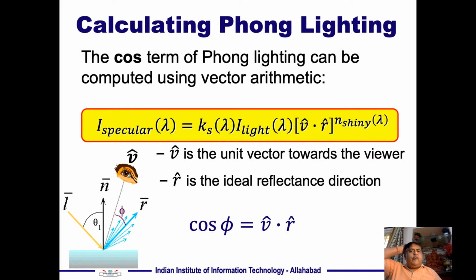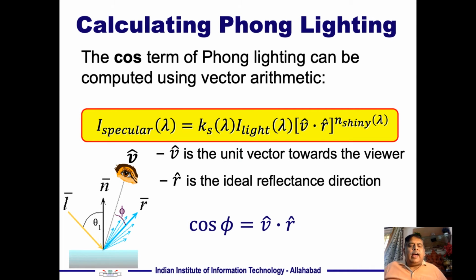Calculating the Phong lighting, the cos term of the Phong lighting can be computed using vector arithmetic. So I have I specular equal to Ks lambda times I light lambda multiplied by (V dot R) to the power Nshiny lambda, where V is the unit vector towards the viewer or the camera direction, and R is the ideal reflectance direction.